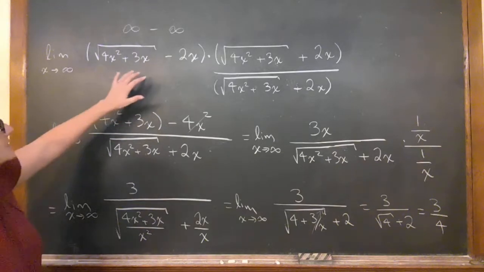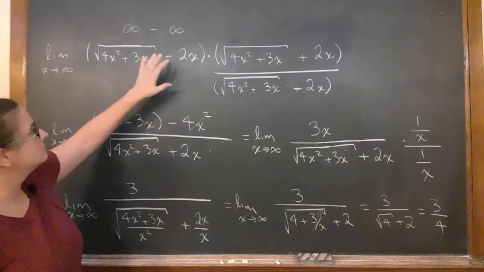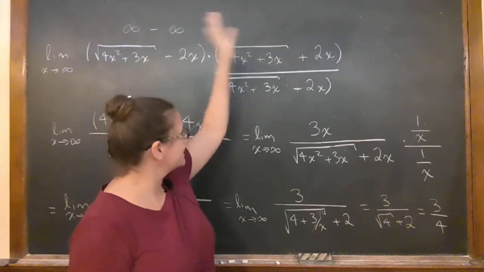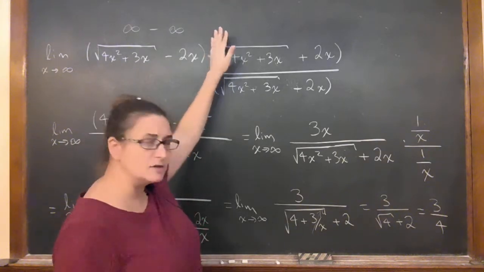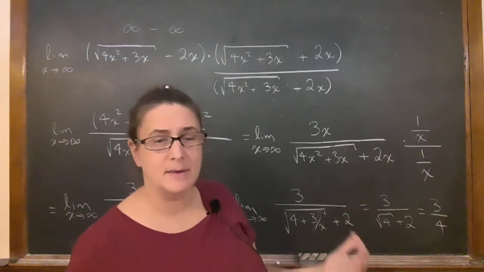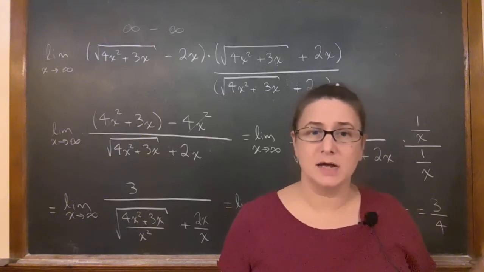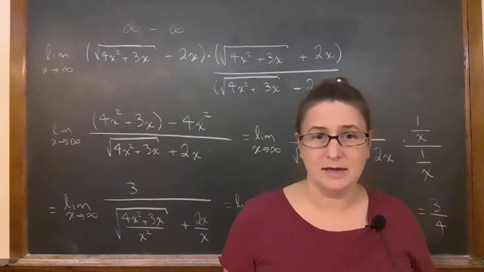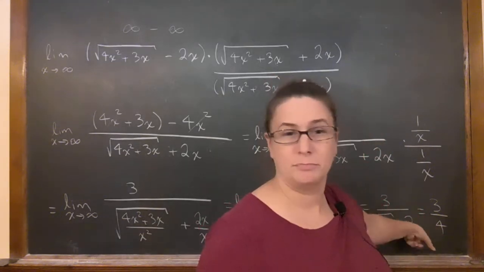So this function, actually, the first one, is infinity minus infinity, but it does have a nice horizontal asymptote of 3/4.